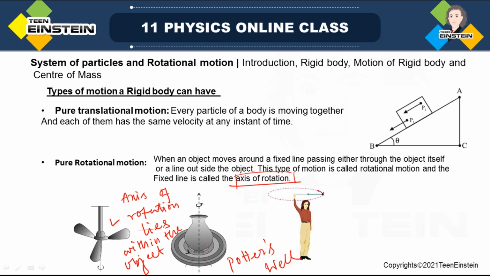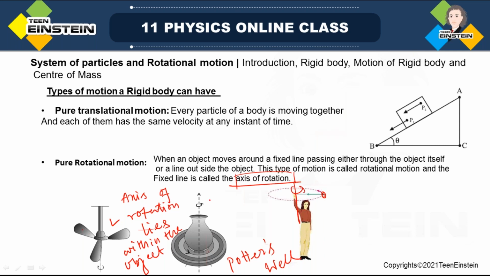You can see the stone or the ball is rotating about an axis which is passing through your hand. So this axis of rotation is not passing through the object.